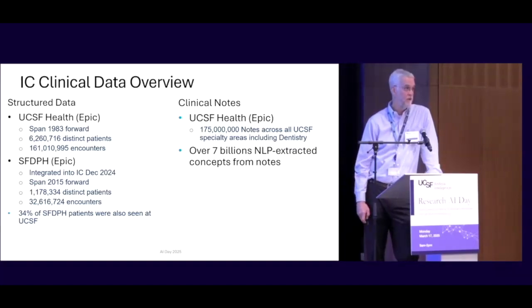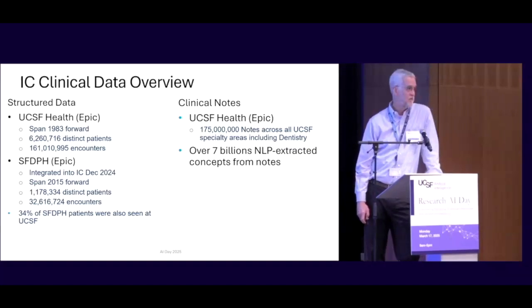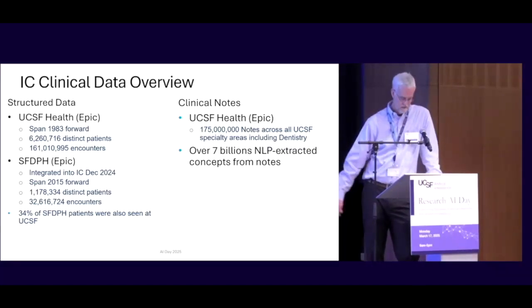One of the things we did very recently is at the end of last year, we added SFDPH Epic data to Information Commons. We use the Enterprise Master Patient Index to match patients. And you can see the intersection down at the bottom of the percentage of SFDPH patients that are actually seen at UCSF.